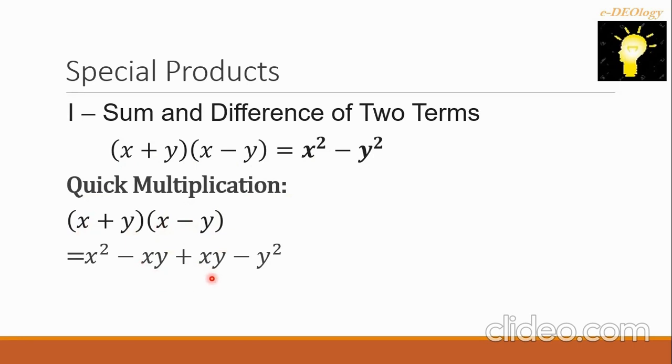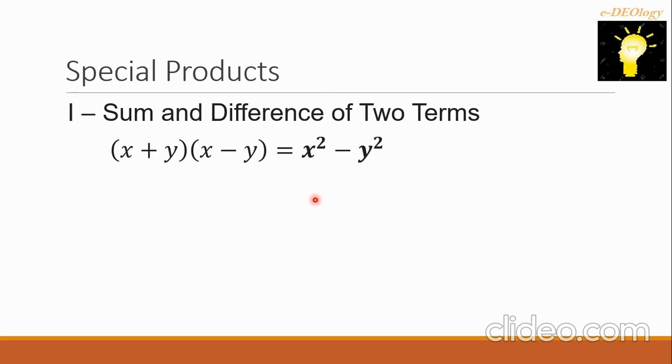So we'll put xy, and y multiplied by negative y, we will get negative y squared. Then we can see that we can cancel the negative xy and the positive xy. So copying the remaining terms, x squared and then minus y squared. And we can see that this product is the same with our formula here.